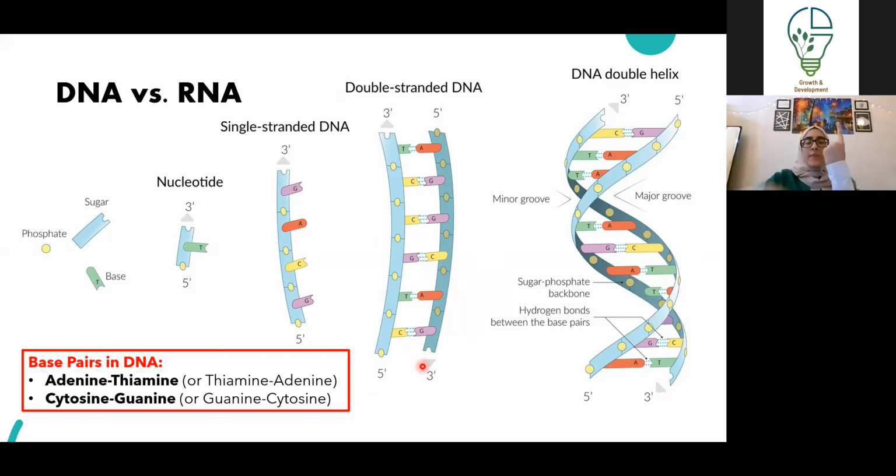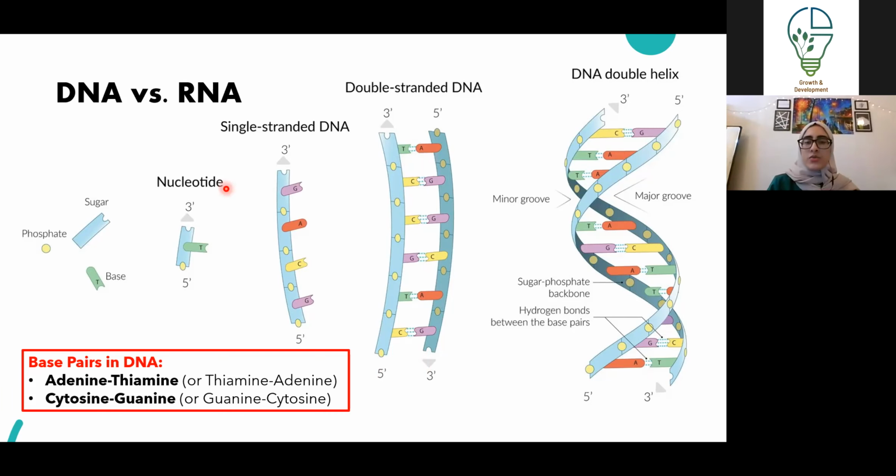So the first one's going up and the second one is going down. And that's what I mean by anti-parallel. So there are two strands, they complement each other, and they run in opposite directions. The first one goes from 5' to 3' upwards, and the second one goes from 5' to 3' downwards. Now, these two concepts are really important to keep in mind: the fact that they complement each other and the fact that they are anti-parallel, okay?